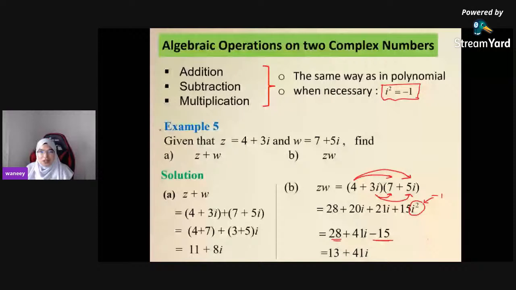This is the conjugate of this, and this is the conjugate of this. What really is the meaning of conjugate? Apa maksud conjugate tu sepatutnya? Conjugate is when you change the sign of the imaginary part. This is because we want to do a reflection along the real axis, so you simply need to change the sign only for the imaginary part.